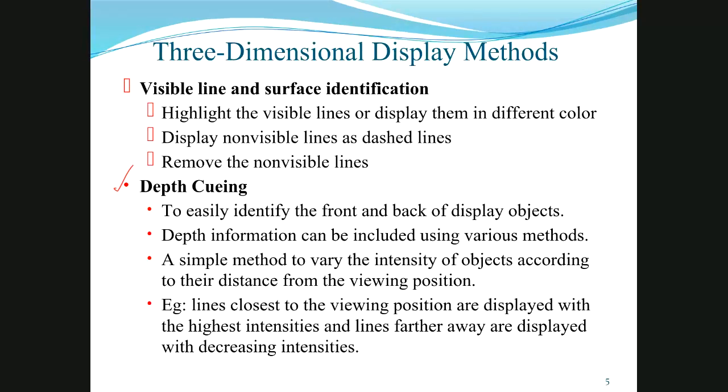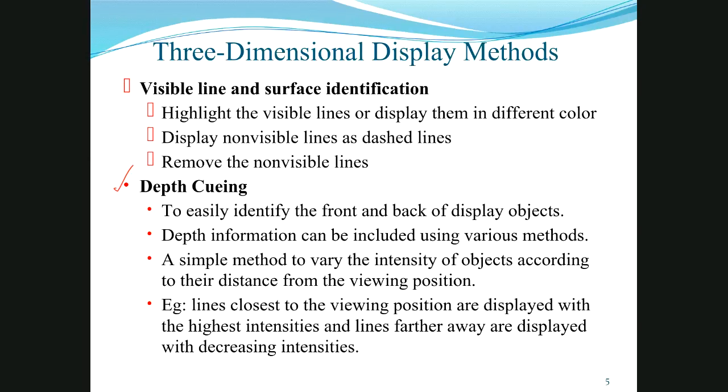In this method the objects have depth information, and can be made by various methods to show very clearly the front to back and inside and outside. That type of object can be shown by using this depth cueing method.